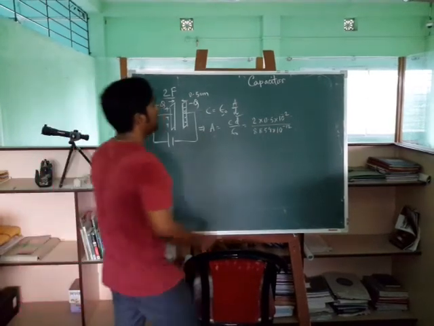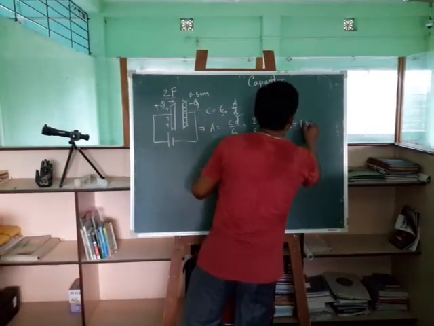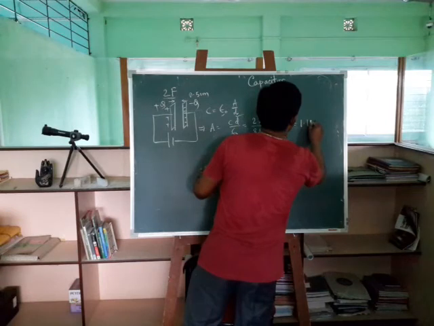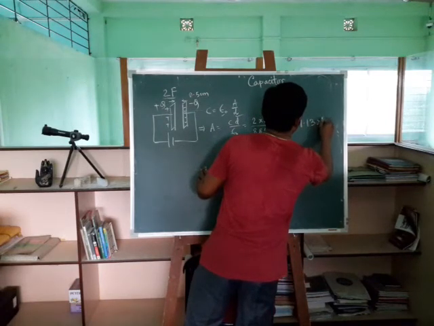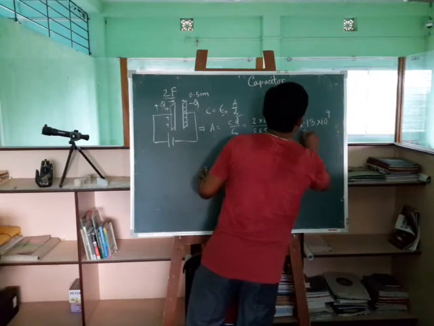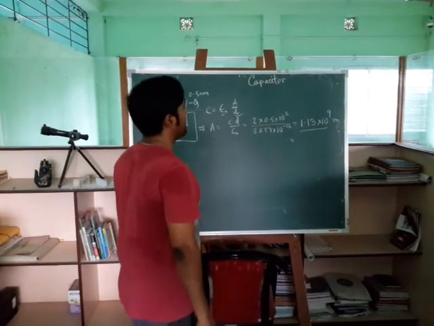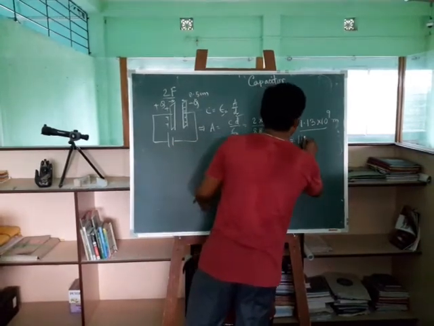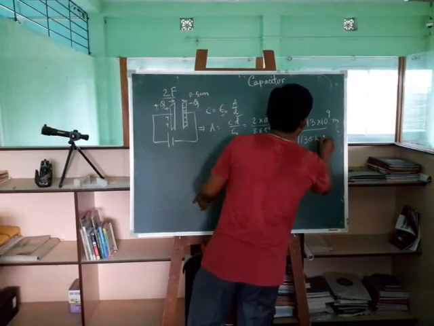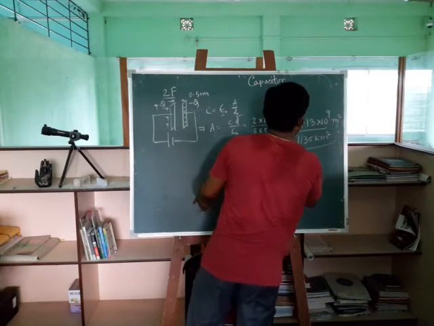If you calculate that, it will be almost 1.13 into 10 to the power 9 meter square, which is almost 1130 kilometer square.